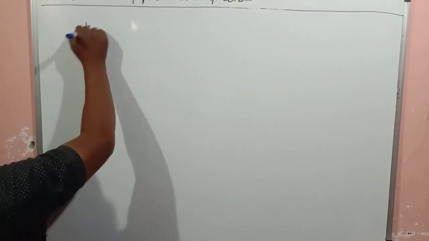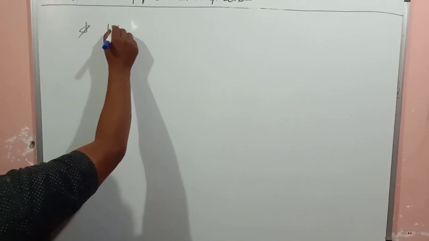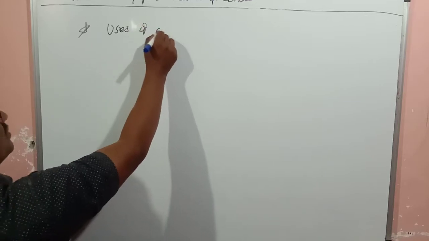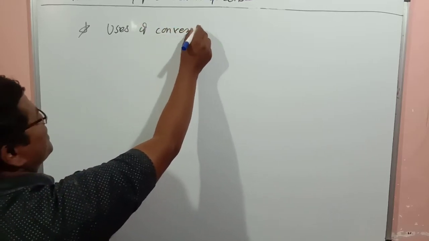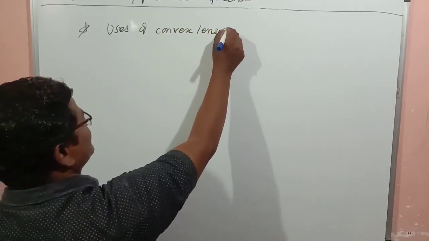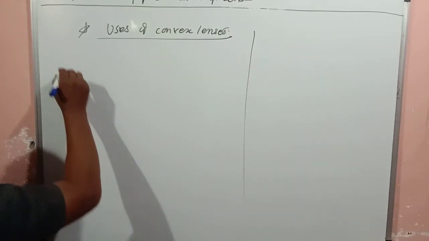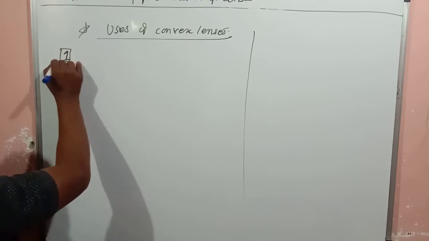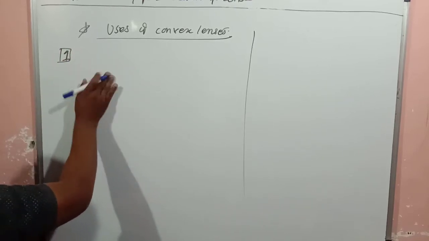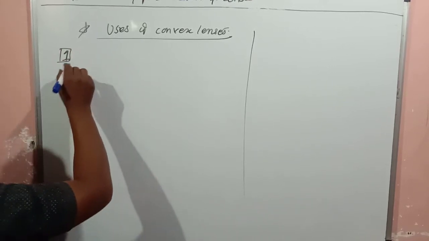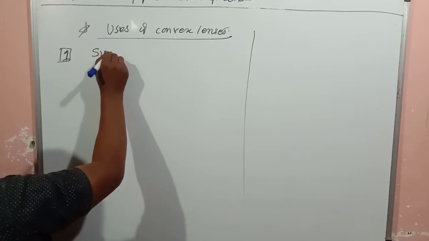Next point is the uses of convex lenses. What are the uses of the convex lenses? One by one we'll see. First use is magnifying glass or simple microscope.